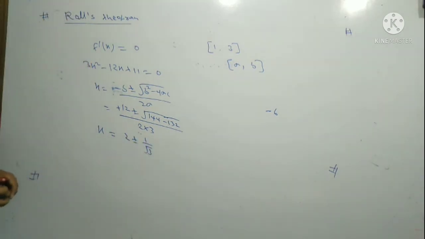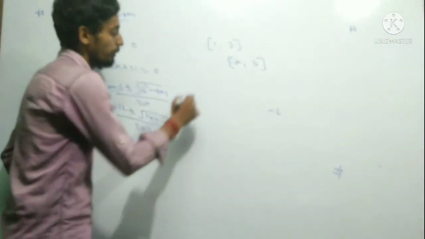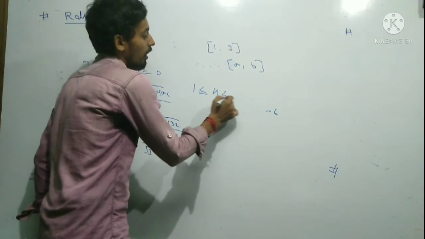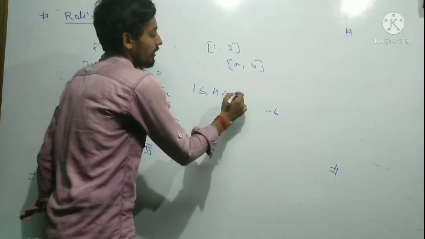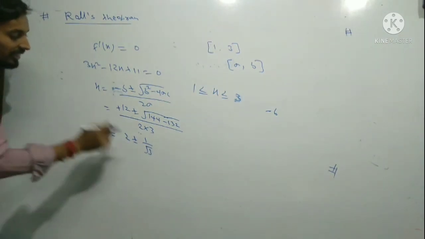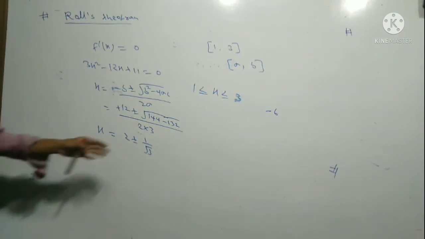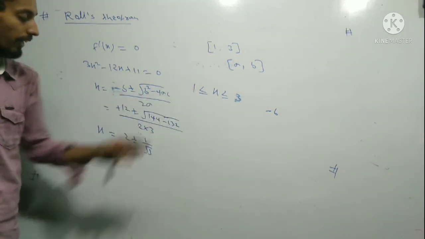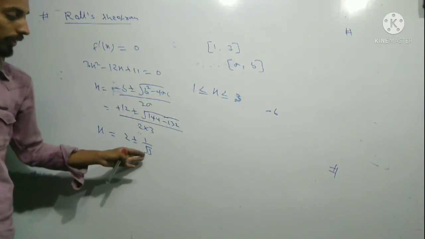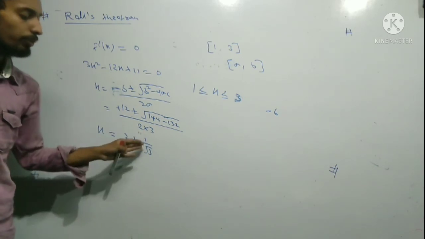So here, what is the interval? The interval is 1 to 3, which means the value of x lies between 1 and 3. If we consider the plus value, then which could satisfy the condition, 1 by root 3? Its value is something point.